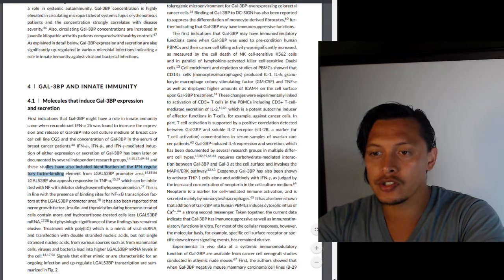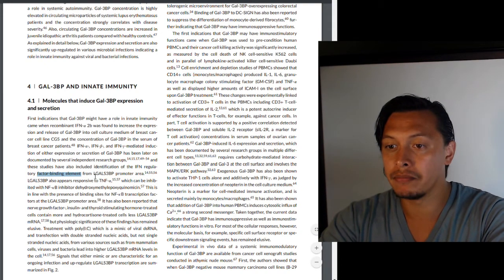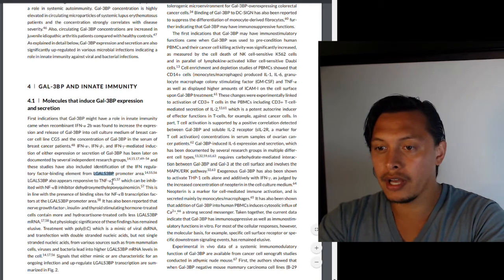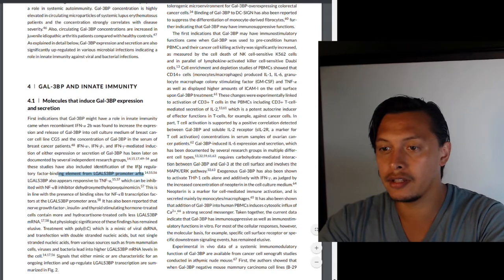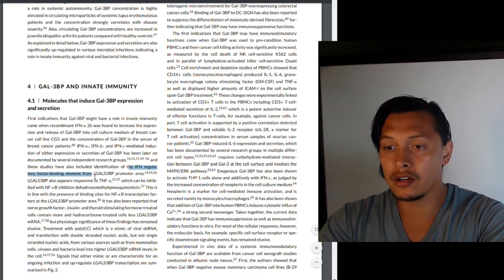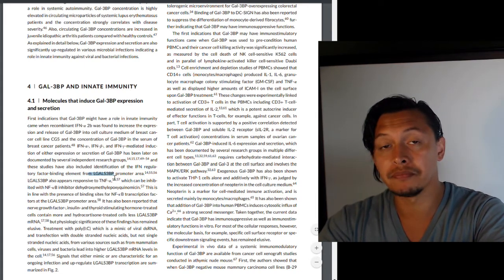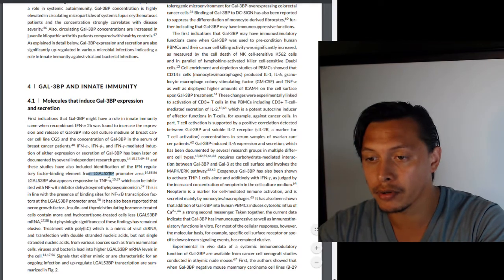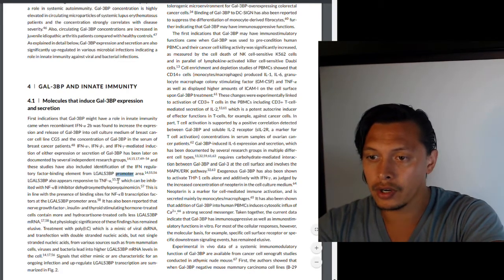And these studies have also included identification of interferon regulatory factor binding elements from the galectin-3BP promoter areas. So what this is saying is that these IFN regulatory factor binding elements are found on either the DNA or the mRNA of this galectin-3 binding protein, or at least in the promoter regions.